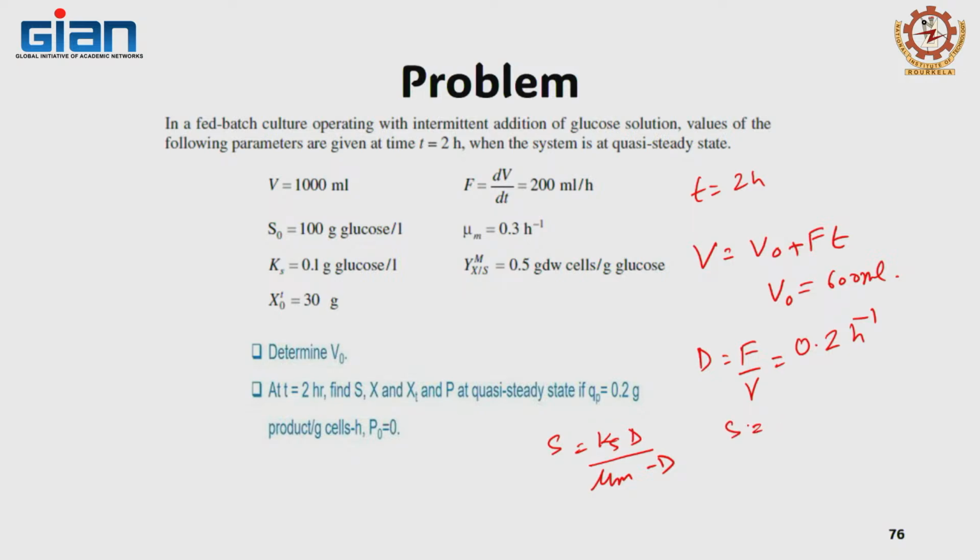Ks is given as 0.1, D is already known, mu m is known, so your S comes out to be 2 grams per liter. So, you have your S, you have your D. How do you estimate your X t?